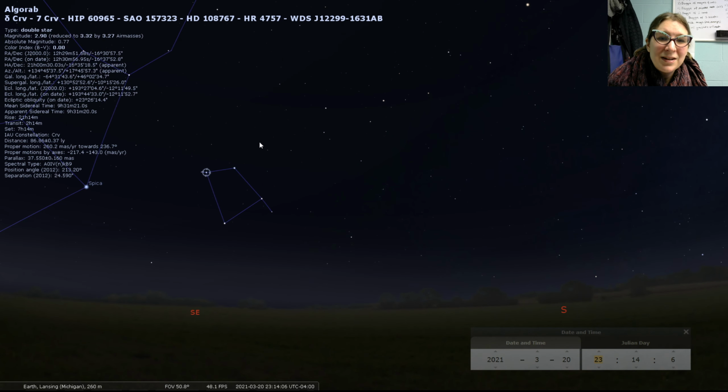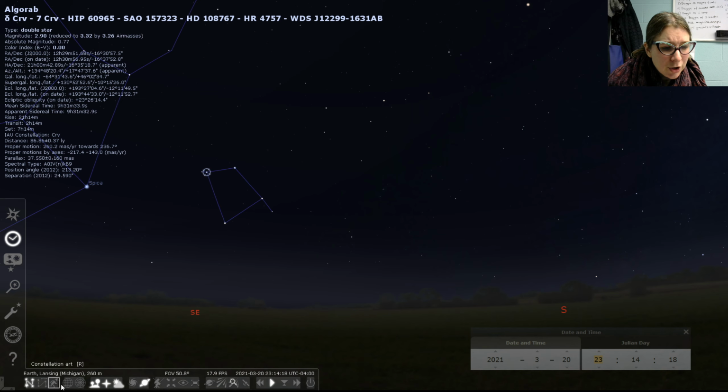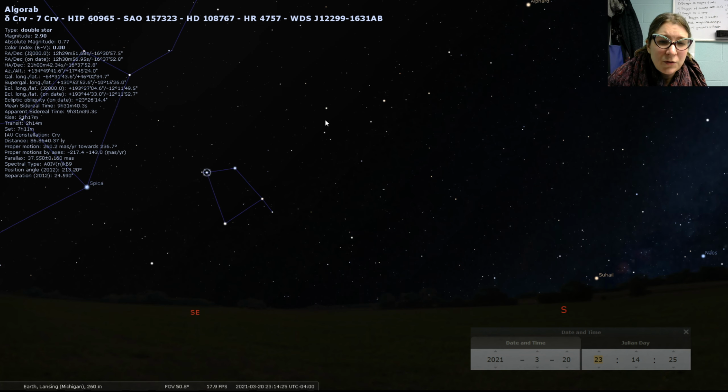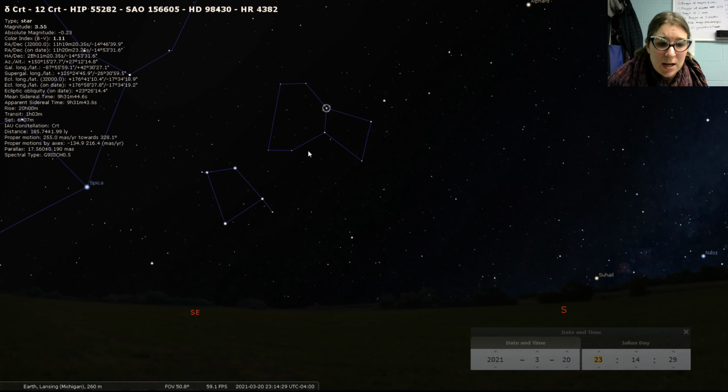Even now when we're zoomed up on the sky, it's still really hard to see, but it's these stars here that make sort of a semicircle and then a stem down here. So it's like a chalice. If I turn off the atmosphere, we might be able to see that a little bit more. It's still hard to see, but if you can get out to a dark sky site away from the city lights, you might be able to see this shape. But that's Crater the Cup.